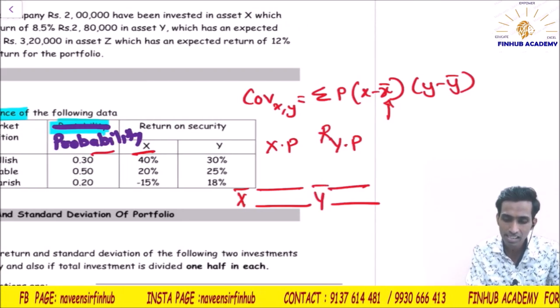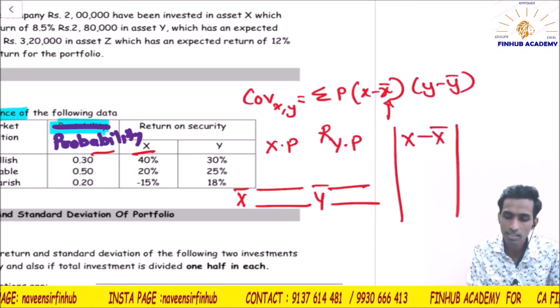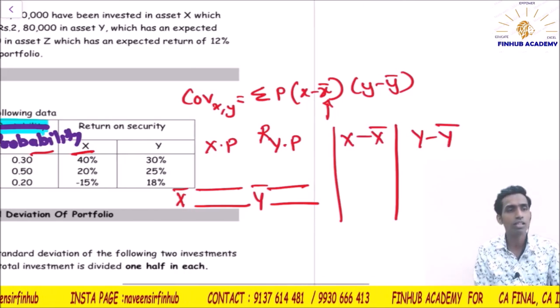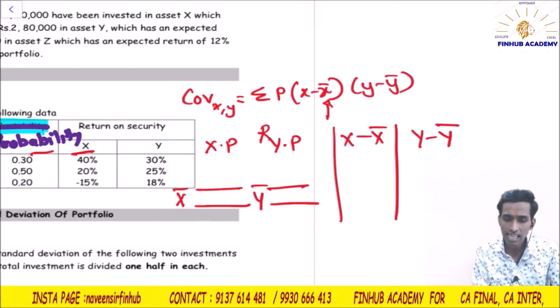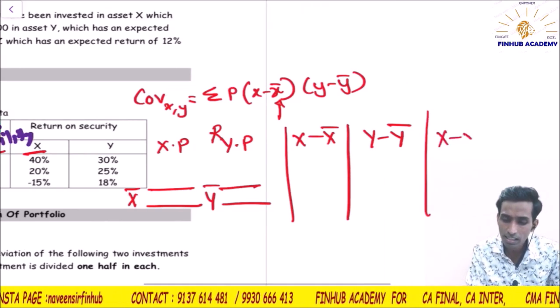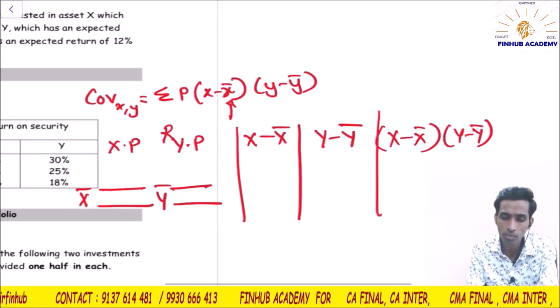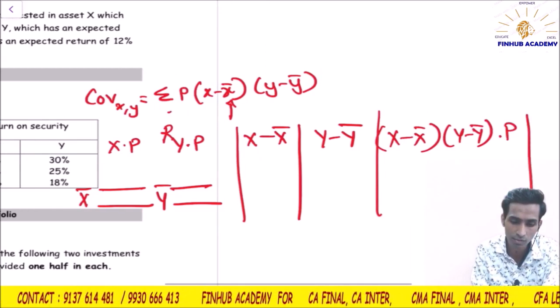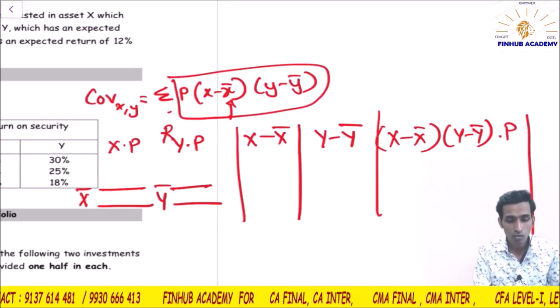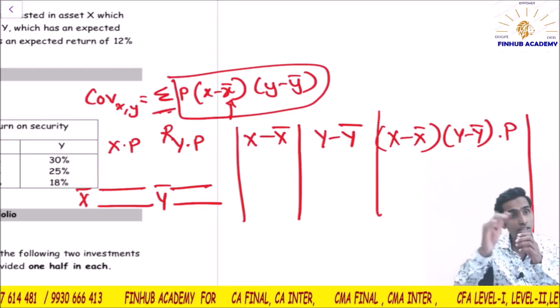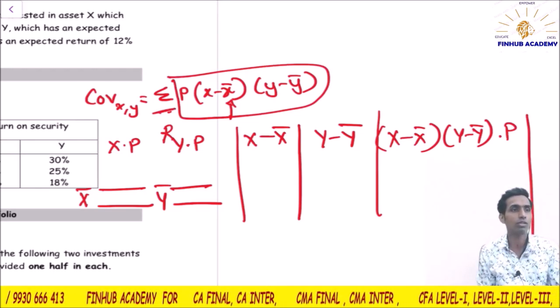Once you do this, x minus x bar and then y minus y bar. Then x minus x bar into y minus y bar, into probability, and you have to take the summation of this. What this summation signifies is, everything on the right hand side you should do and then take the total.